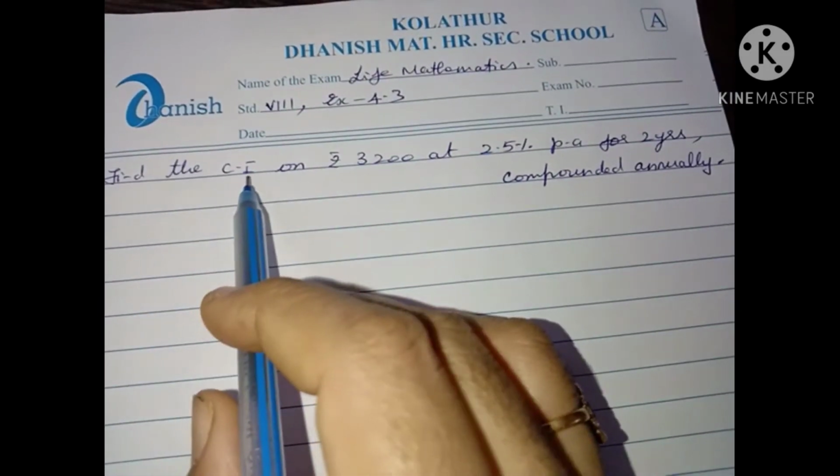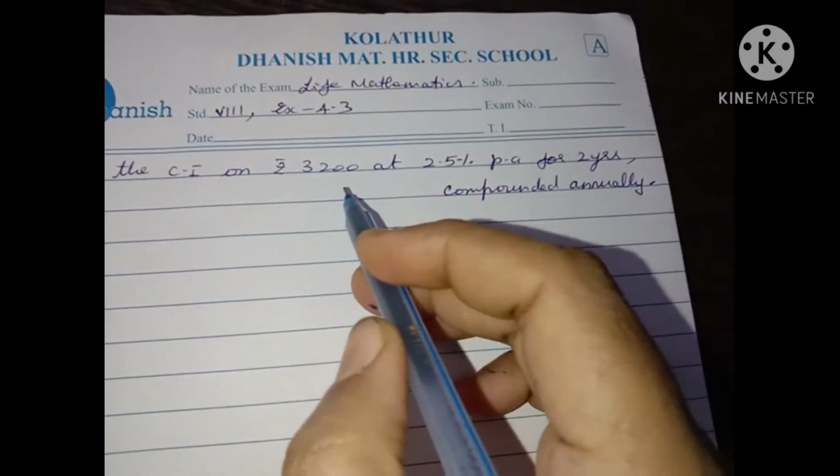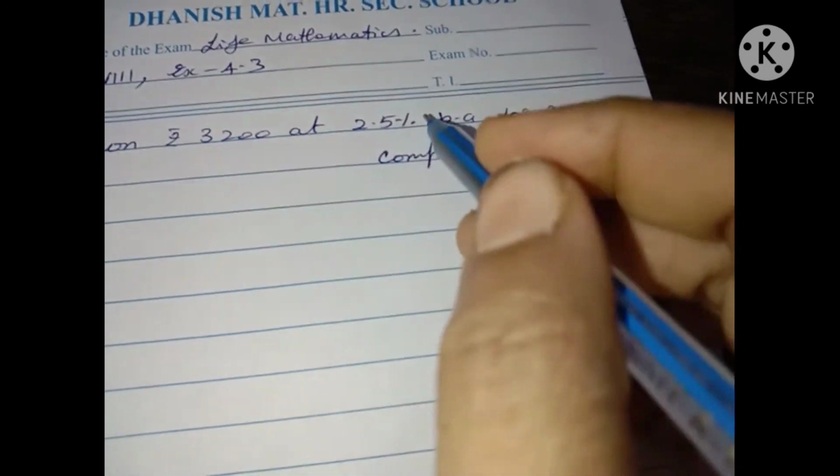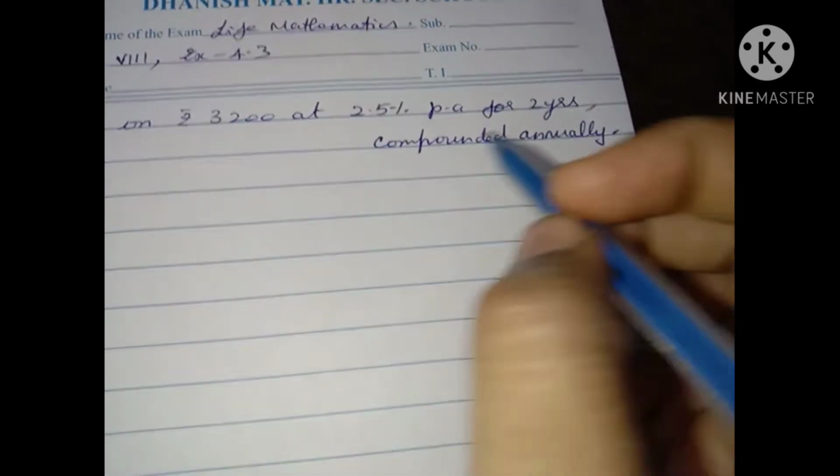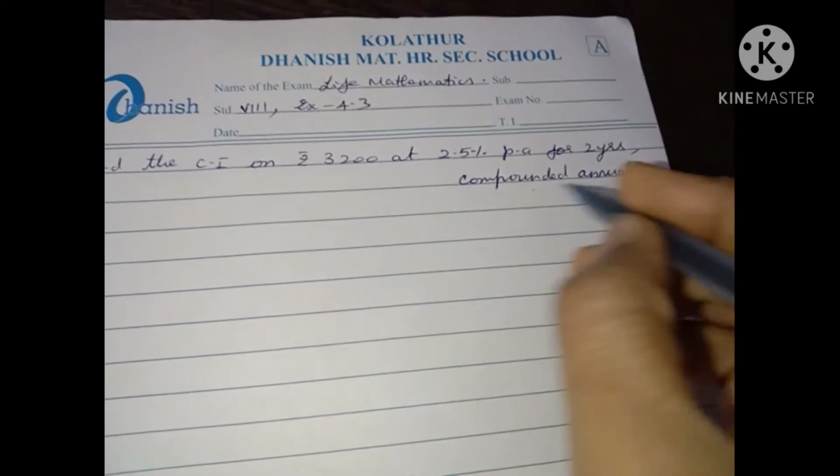Third question: find the compound interest on rupees 3,200 at 2.5% per annum for 2 years, compounded annually.